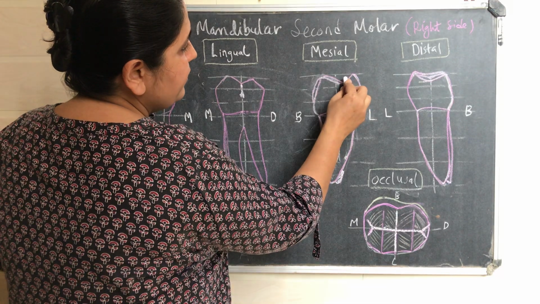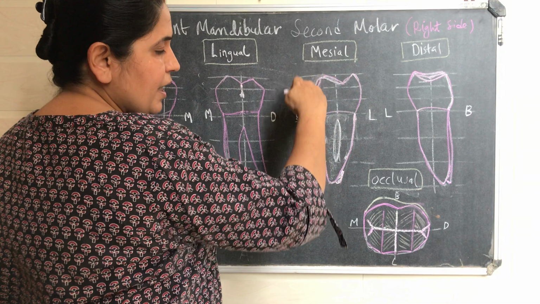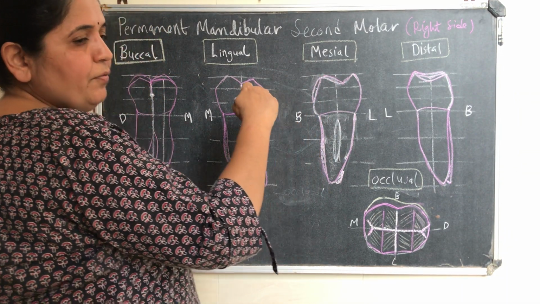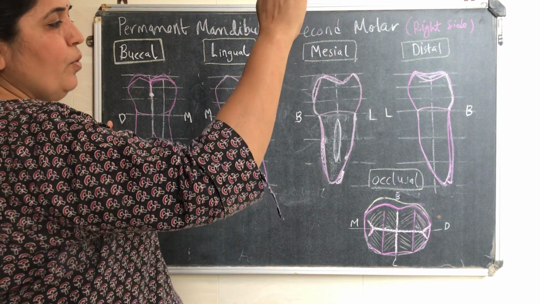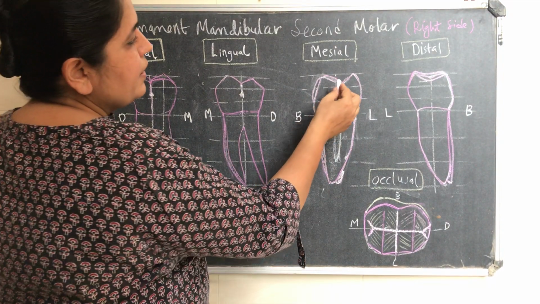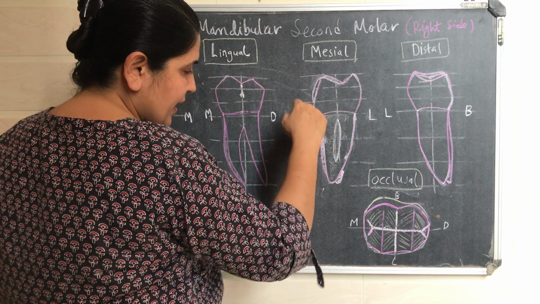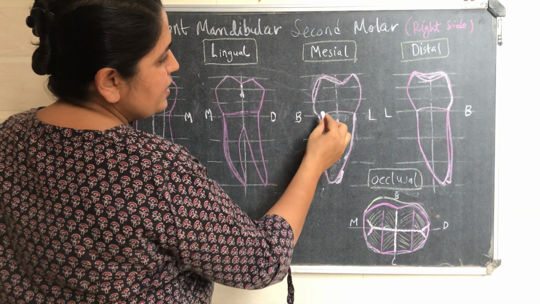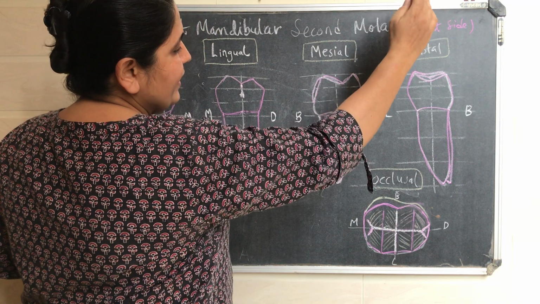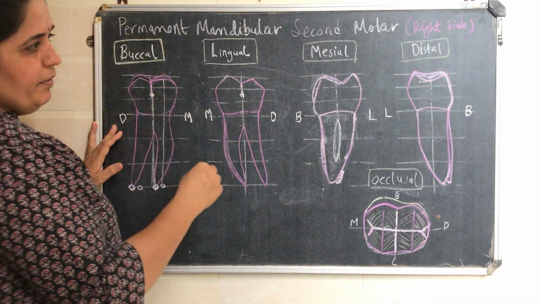You can see that the lingual cusps are higher. The buccal cusps are at a lower level. Right? So that is the characteristic feature of all mandibular molars. When you see from the mesial and the distal aspect, the lingual cusps are at a higher level and buccal cusps are at a lower level. Similarly, the cervical line lingually is at a higher level, and the cervical line buccally is at a lower level.